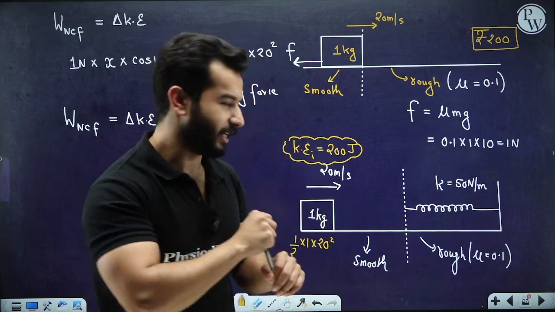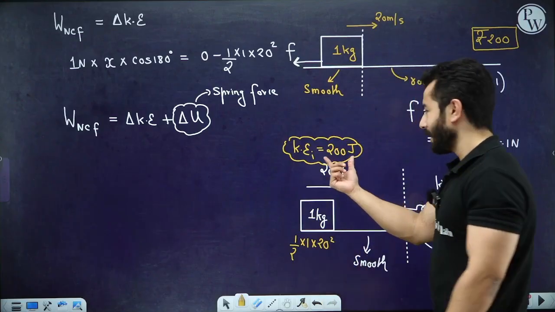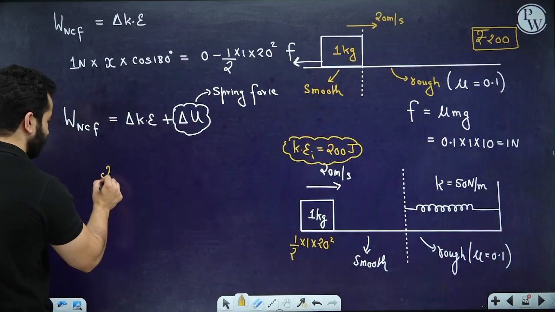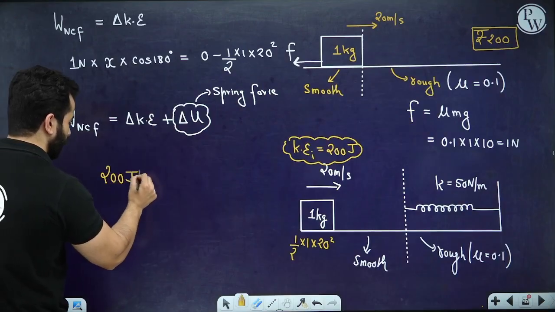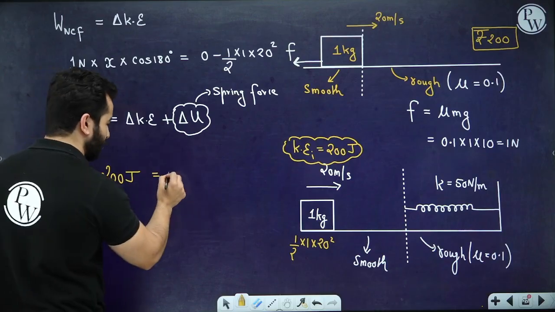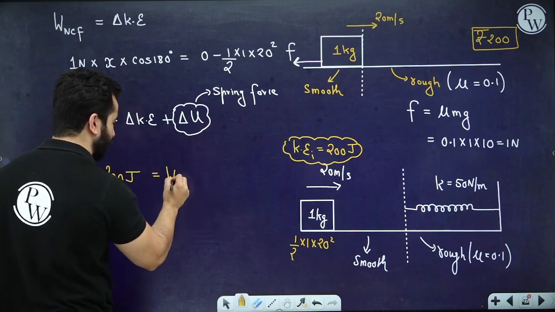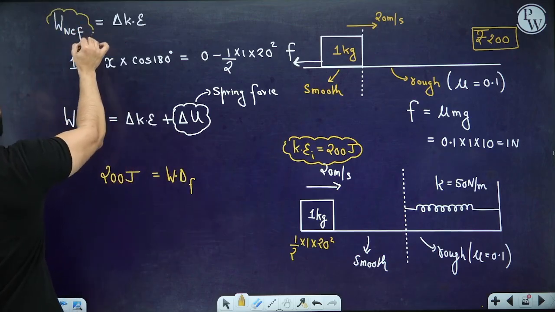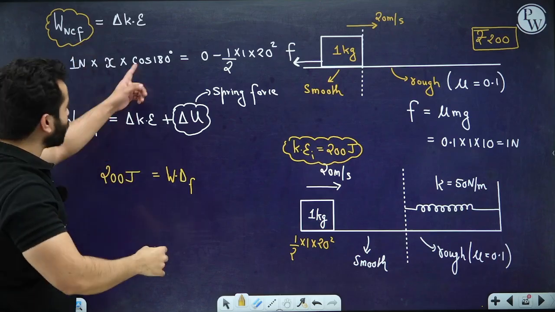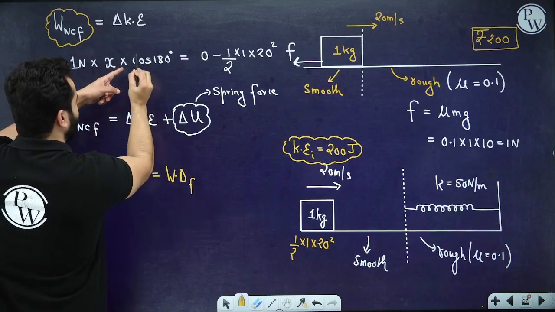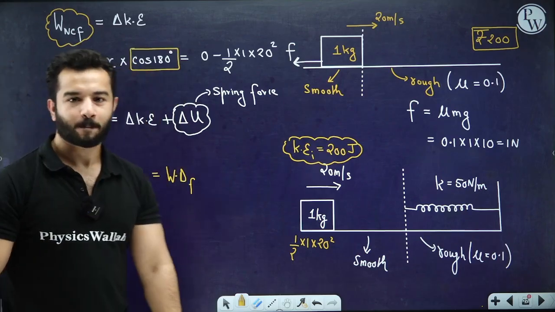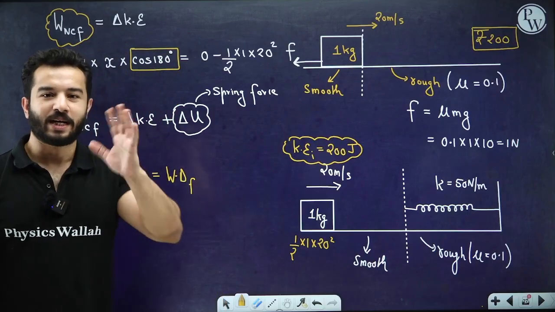Now please see here. This is the pocket money. What are the expenses I'm talking about? So 200 joules equals the expenses, which is the work done by friction. You're going to say, but sir, just now you wrote work done by friction with cos 180. So this is what my trick is.